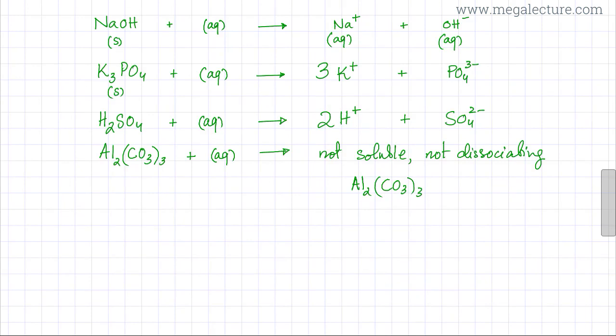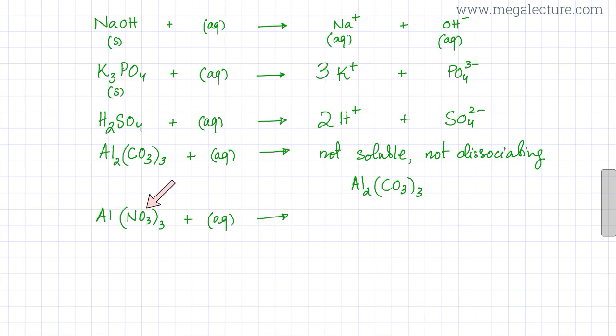Let's do another example of aluminium nitrate now. So aluminium nitrate is Al is 3 plus, nitrate is NO3 1 minus. So it's going to be aluminium nitrate. And if I try to dissolve it in water, now if you look at the solubility table, all nitrates are soluble.